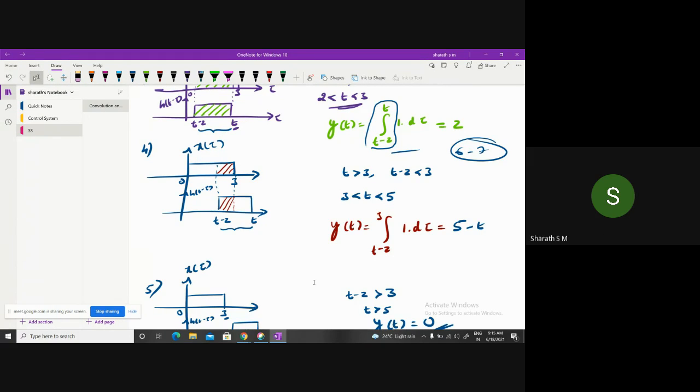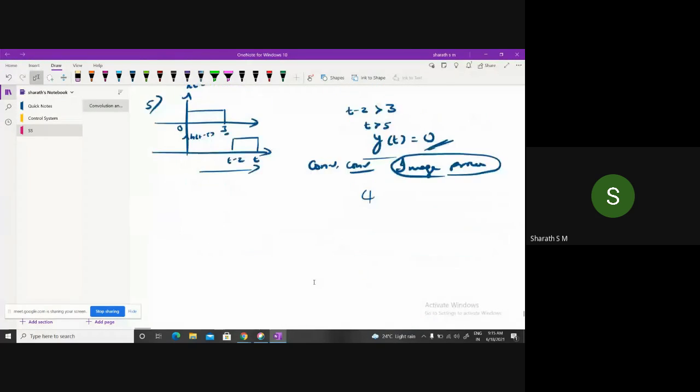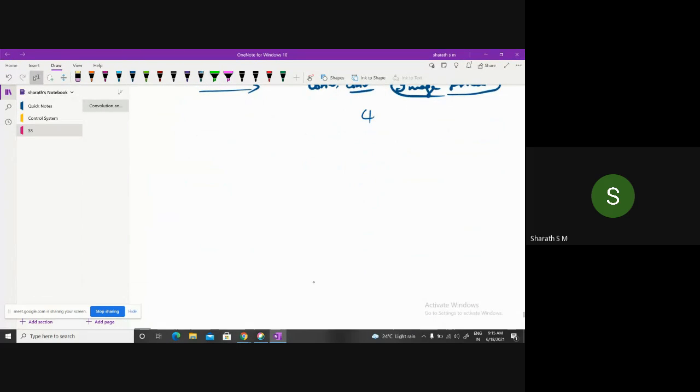Next question. For the given x of t and h of t, find y of t equals x of t convolve with h of t.